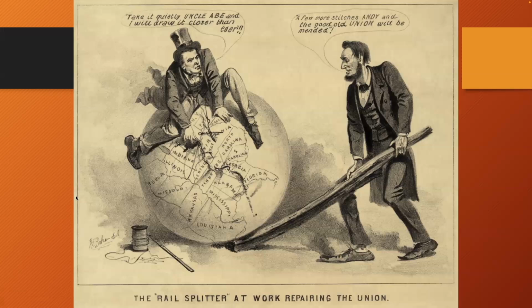This particular political cartoon is really depicting Abraham Lincoln's initial plan for Reconstruction. It's going to be a critique largely from radical Republicans who, even though they're a part of the same political party as Lincoln, believed there should be a very harsh peace adopted towards the South.